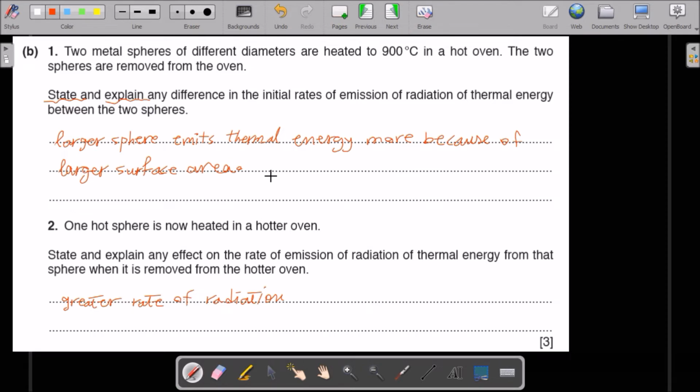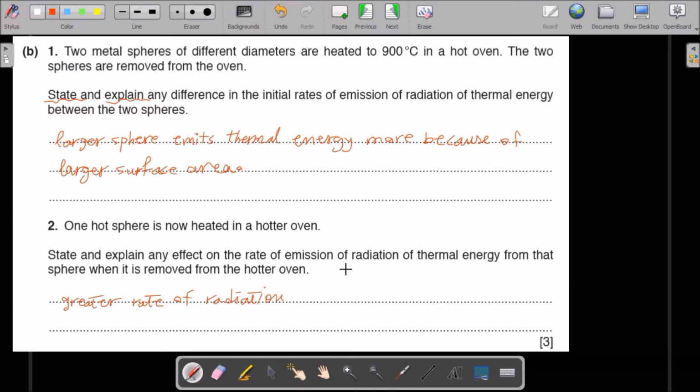Second part. One hot sphere is now heated in a hotter oven. State and explain any effect on the rate of emission of radiation of thermal energy from that sphere when it is removed from the hotter oven. It is said state and explain any effect on the rate of emission of radiation.